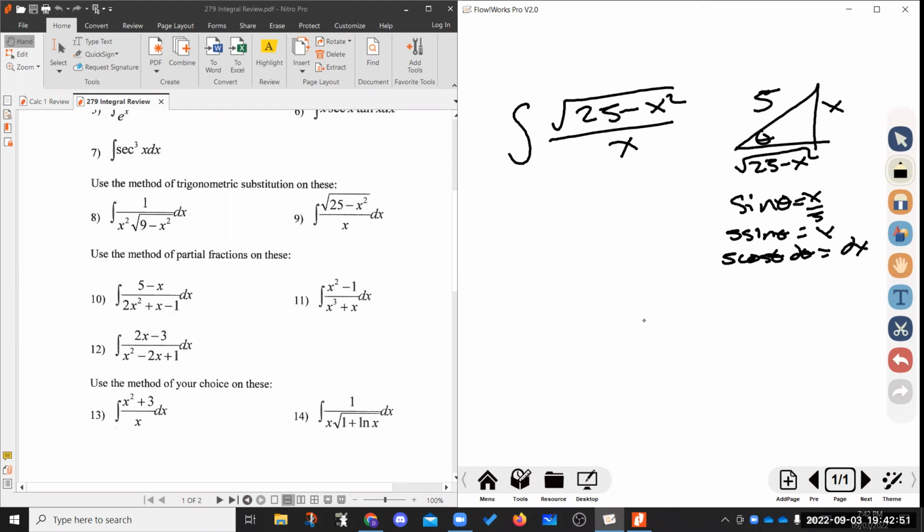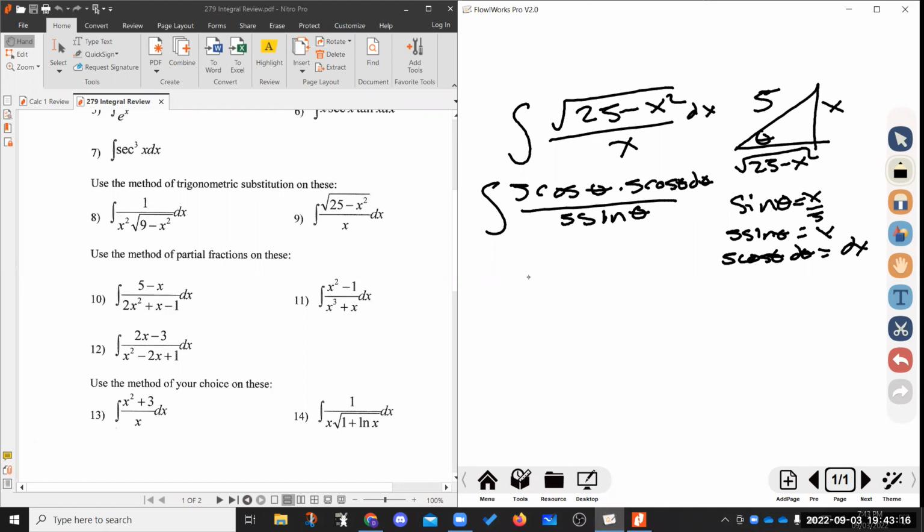So this is going to be 5 cosine of theta times 5 cosine of theta d theta over 5 sine of theta.